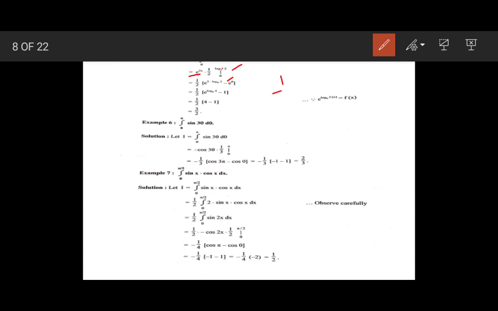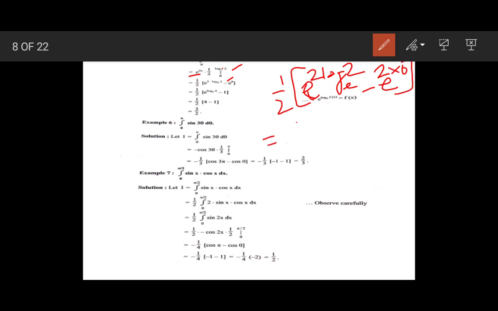So that is equal to 1 upon 2. Now in place of x, we have to substitute the upper limit. So it will be e raised to 2x, but x is log 2 to the base e. Then minus e raised to 2 into the lower limit, which is 0.